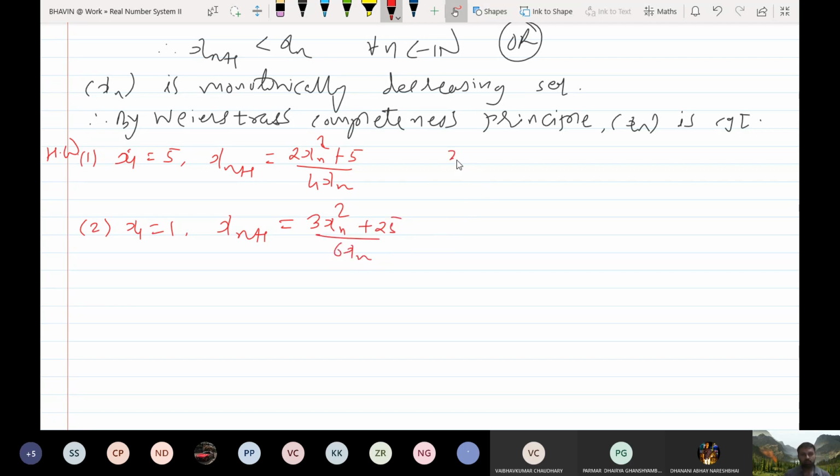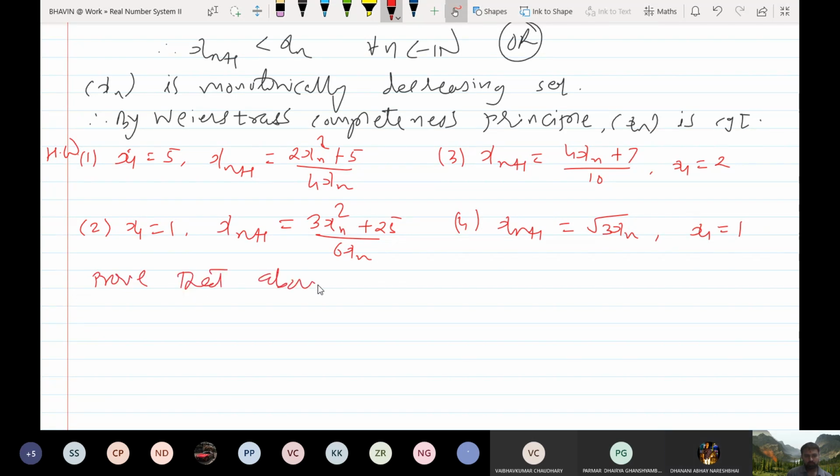Now let me put two more examples. xn plus 1 is (4xn plus 7) by 10, where x1 is 2, then xn plus 1 is root 3xn, where x1 is 1. प्रूव कर सकते हैं कन्वर्जेंट और फाइंड इट्स लिमिट.